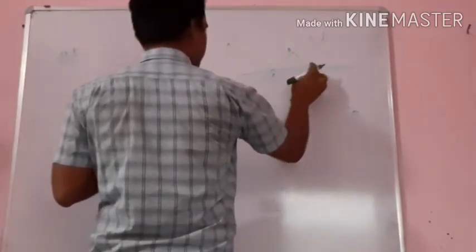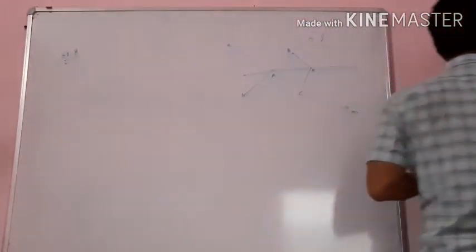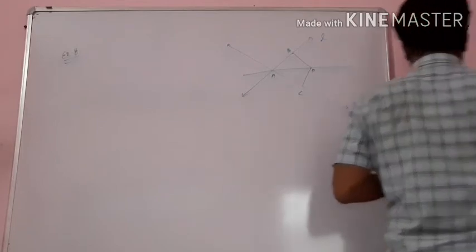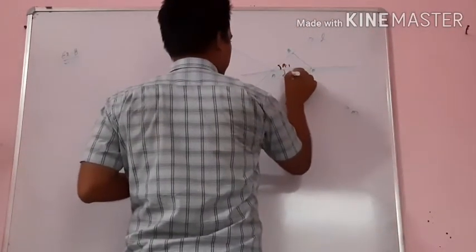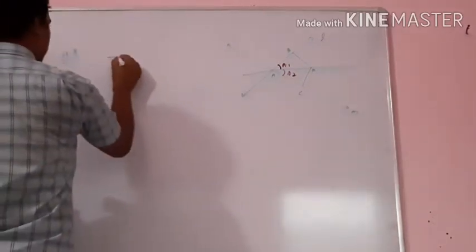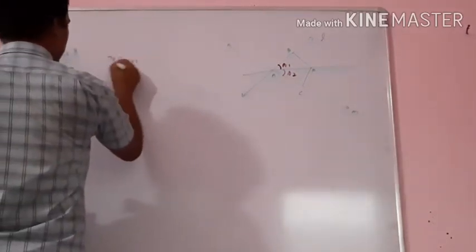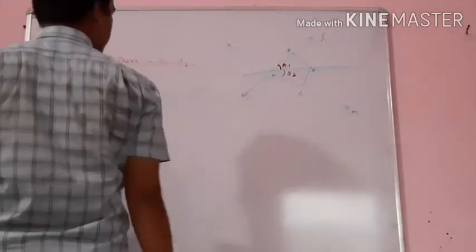It means we have to prove that angle PAB equals angle PAC. What we have to prove? Here we have to prove this angle A1 equals A2.